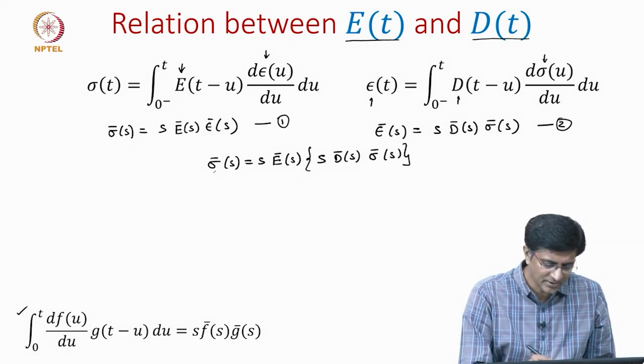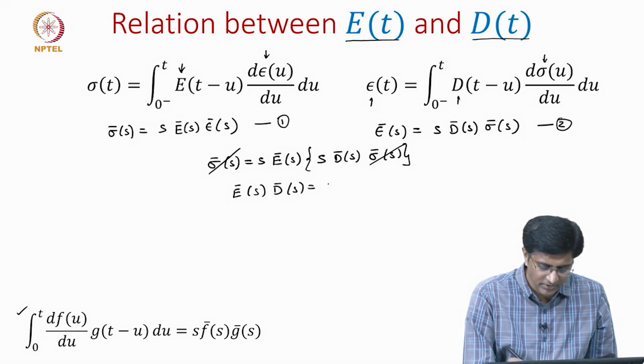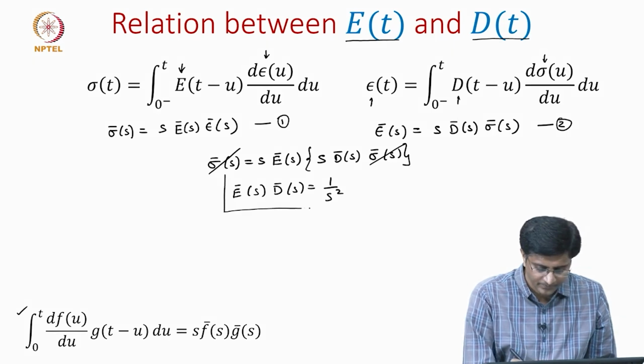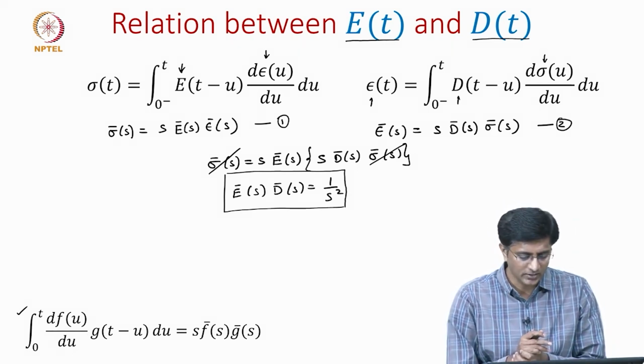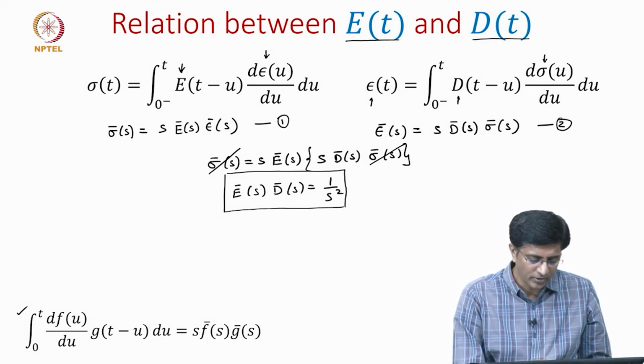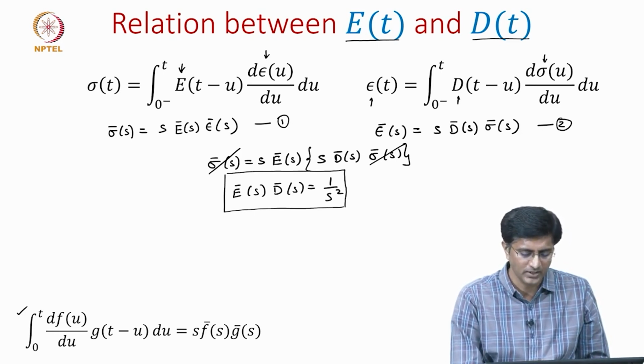Now, if I cancel the stress on both sides of the equation, what we are left with is the product of E of s times D of s given as 1 by s square. So, this is one result we got starting from the Boltzmann integral, saying that in the Laplace domain the product of the relaxation modulus and the creep compliance is given by 1 by s square.